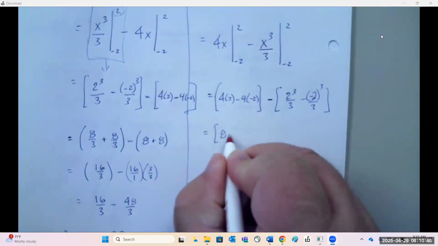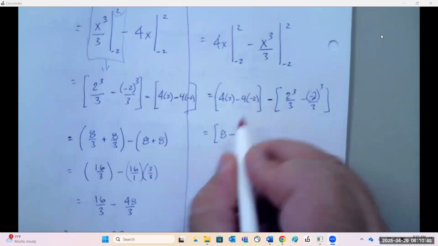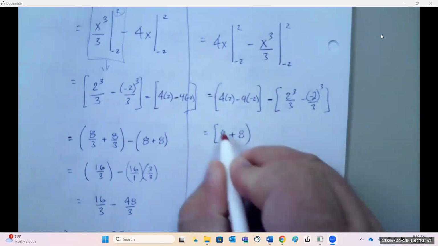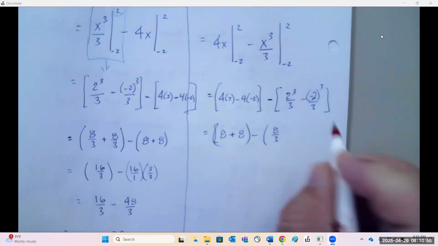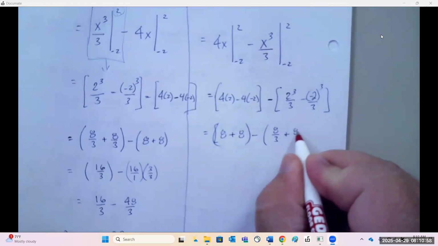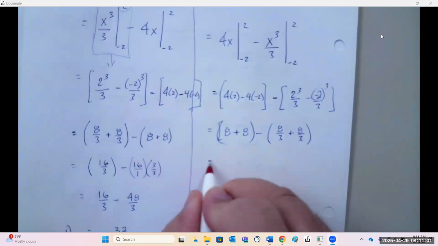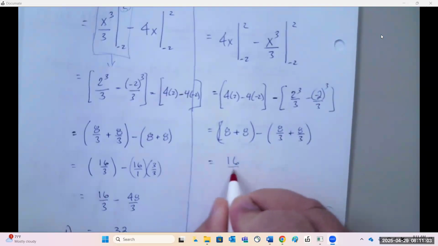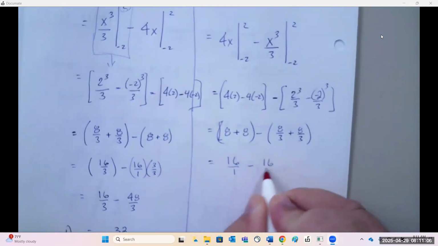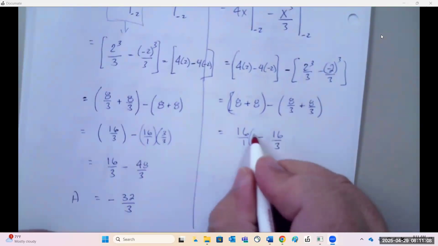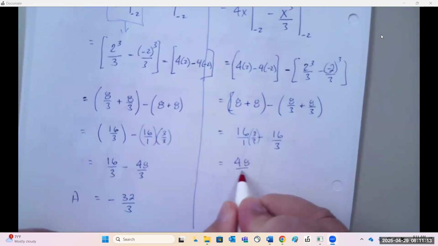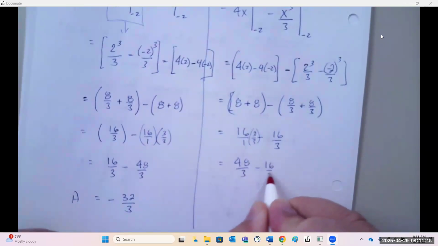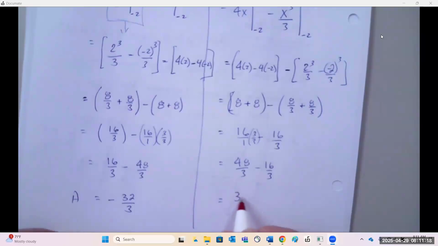Four times 2 is 8, -4 times -2 is a positive 8. So it's 8 over 3 plus 8 over 3, which makes it 16 over 1 minus 16 over 3. Get a common denominator. So it's 48 over 3 minus 16 over 3. Makes it positive 32 over 3.